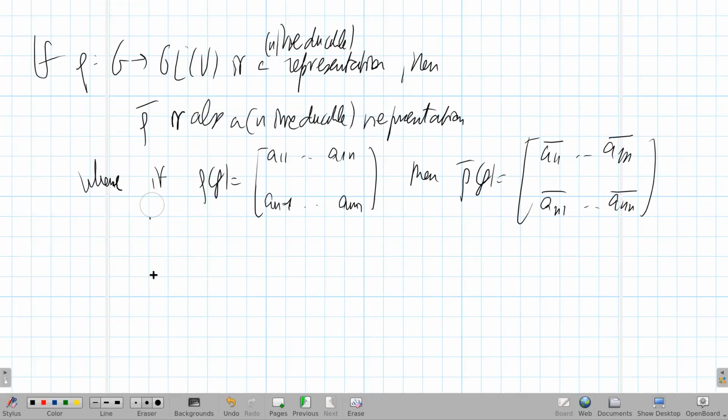And of course, chi bar of g will be the trace of rho bar of g. And this will provide another proof of this fact that the conjugate of an irreducible character is still an irreducible character.